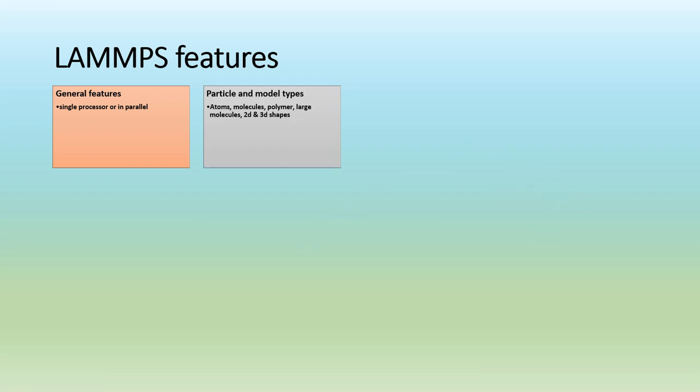So what features does LAMMPS offer? There are various features that it offers. For example, LAMMPS can be used to run on a single process or in parallel. It offers many particle and model types.